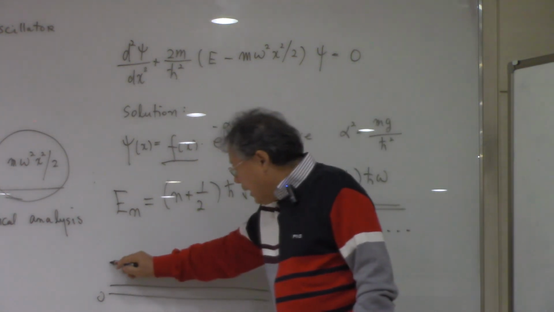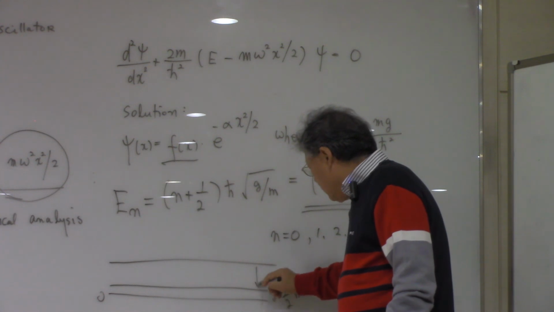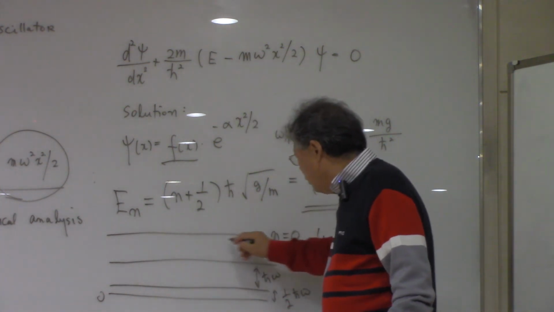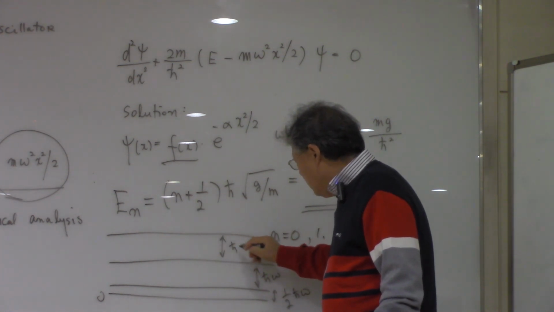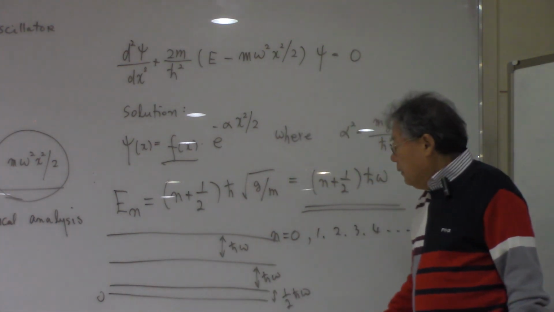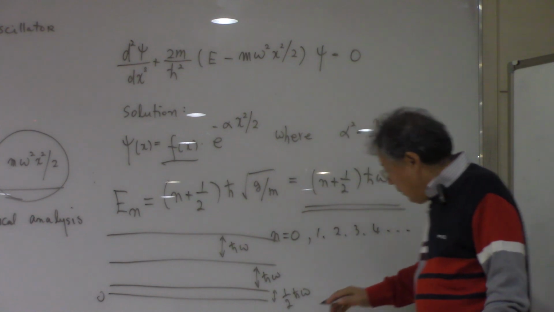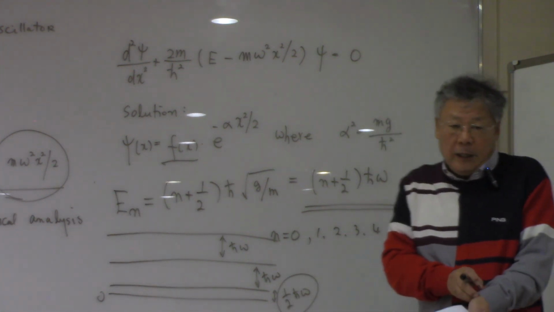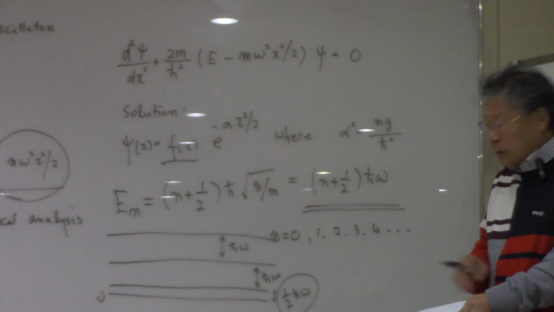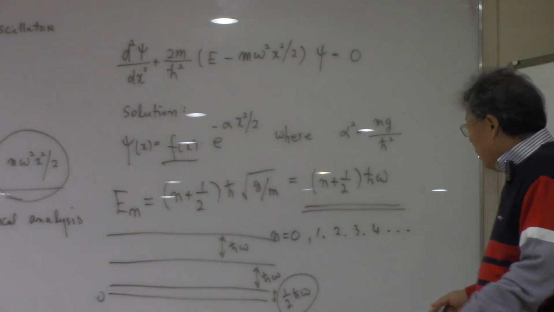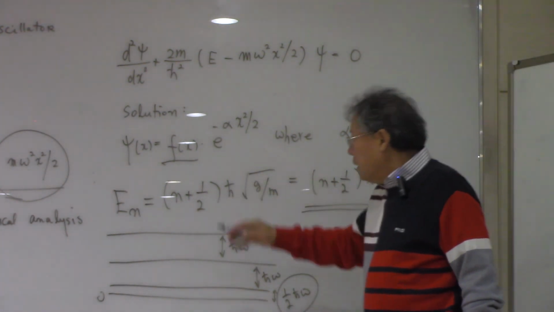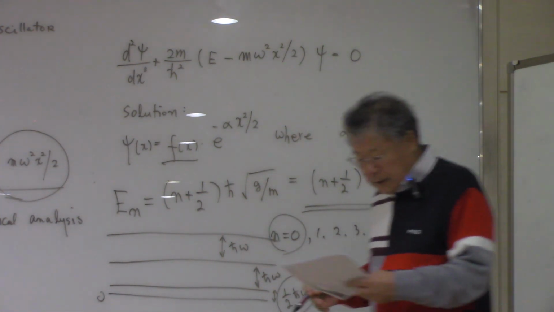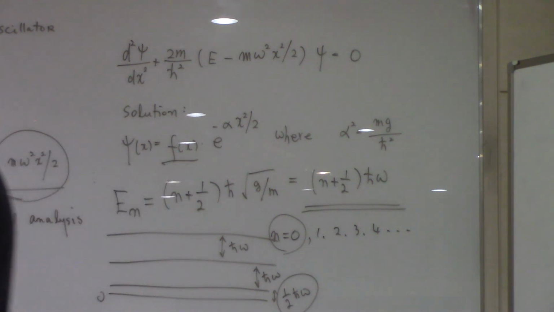And then the next is going to be h bar omega above it, and then evenly distributed by h bar omega. Okay? So this half h bar omega has a special meaning. We're going to discuss this later, but in this harmonic oscillator case, n can be 0 for the ground state. That is a different thing.